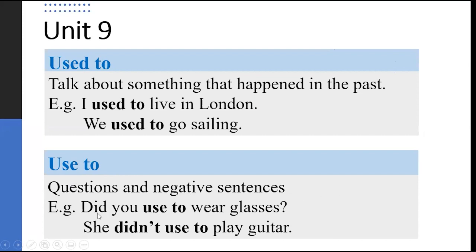So for example, did you use to wear glasses? This is a question, so we have to use use to without the D. In the second one, she didn't use to play guitar. This is the negative word, so we have to use use to without the D.